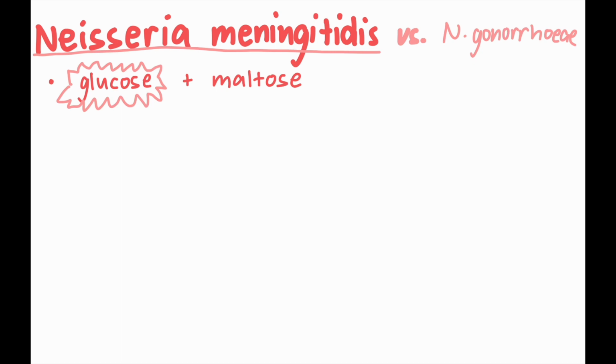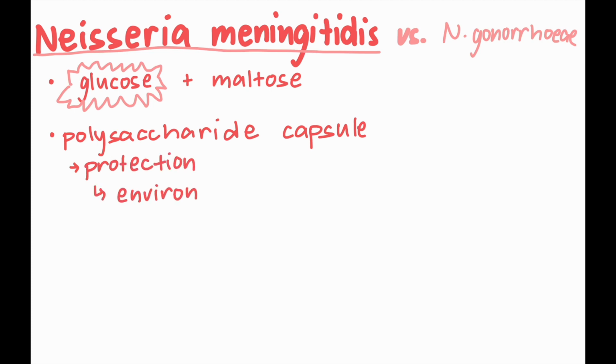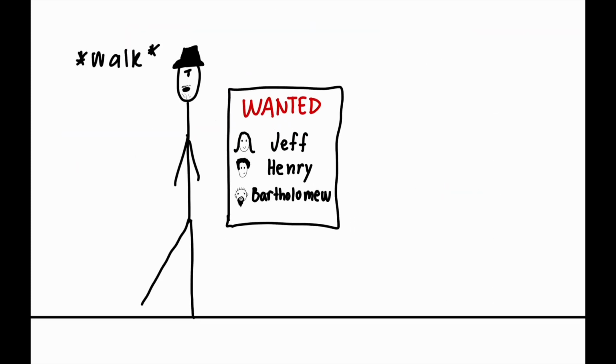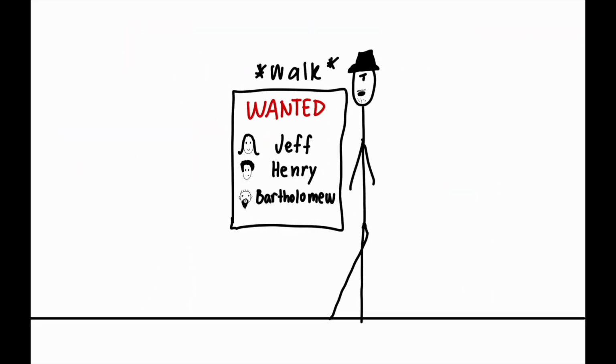Also, Neisseria meningitidis contains a polysaccharide capsule, which serves as a form of protection from the environment, including the host's immune system. It does this by inhibiting phagocytosis. The best way to explain this phenomenon is by picturing the process of going through airport security.